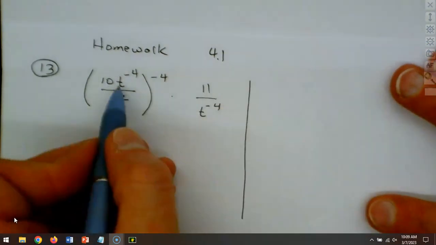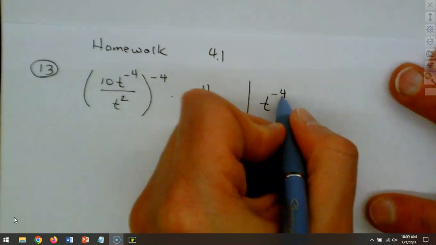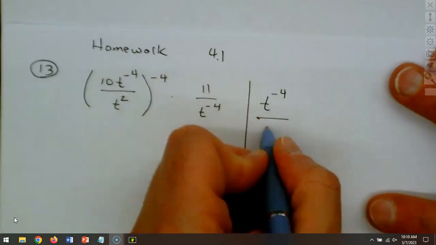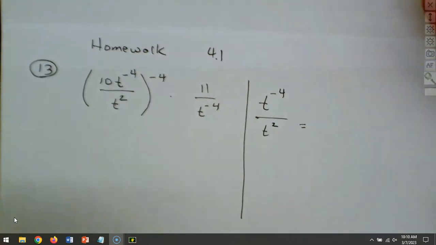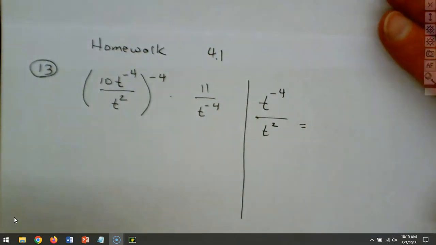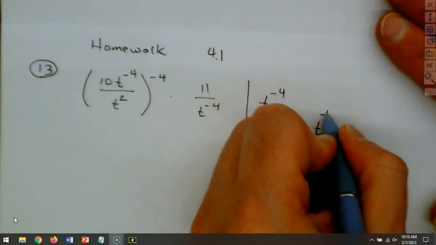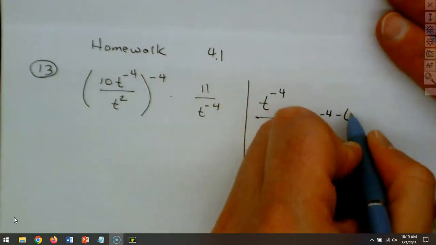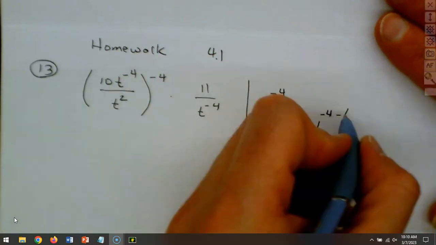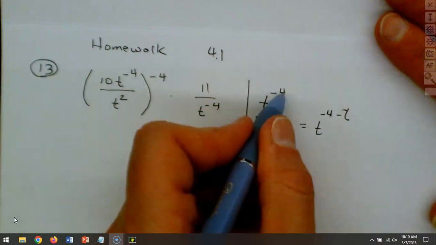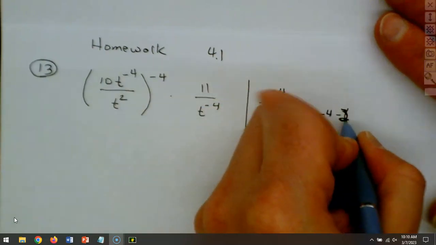Inside of the parentheses, these t's can go together, and that's going to be t to the negative 4th over t squared. Now, what are we doing? We are dividing, and when we divide, the exponents subtract. So that's t to the negative 4 minus 2. Watch your signs here.